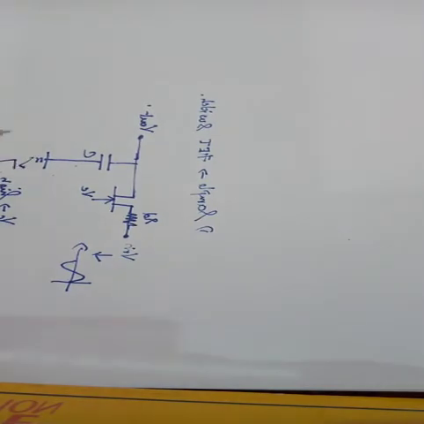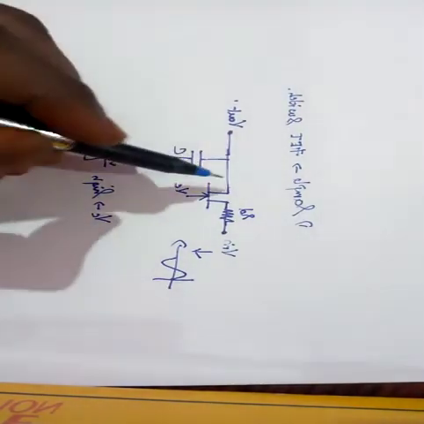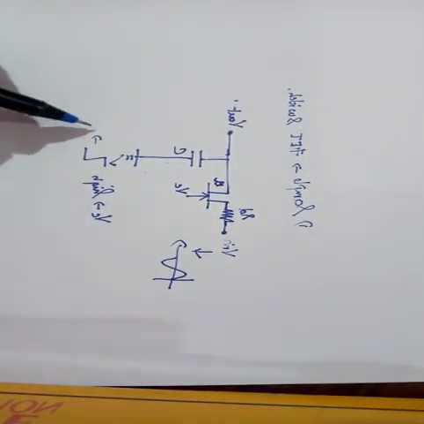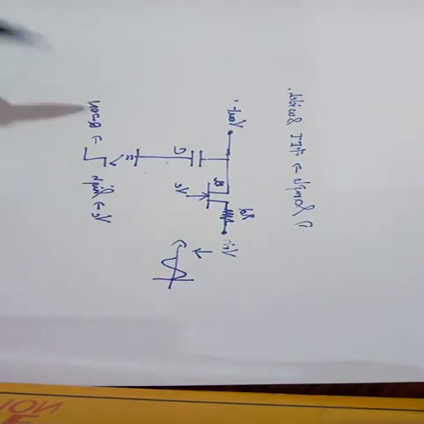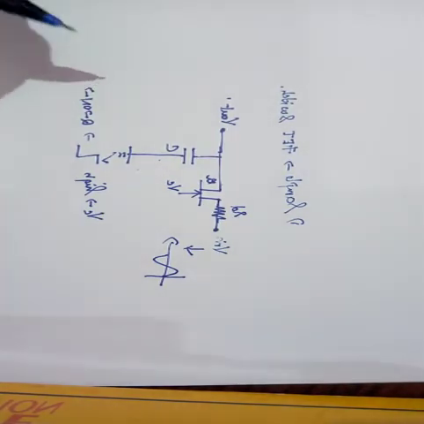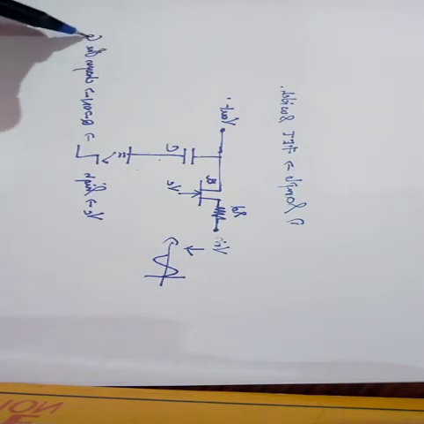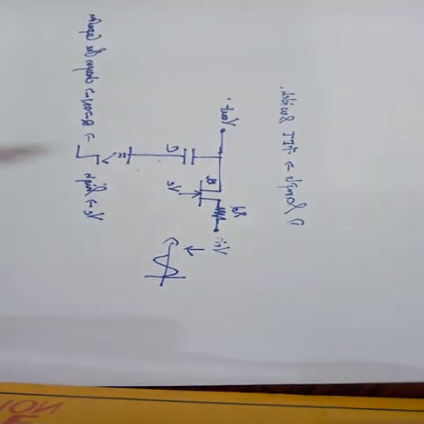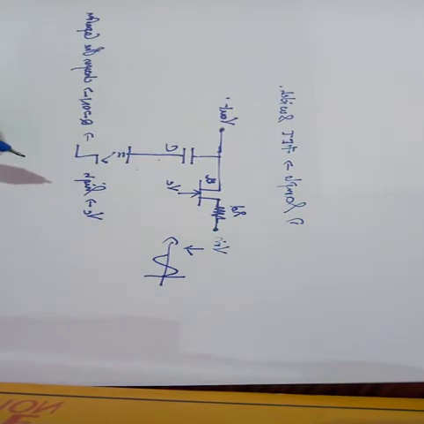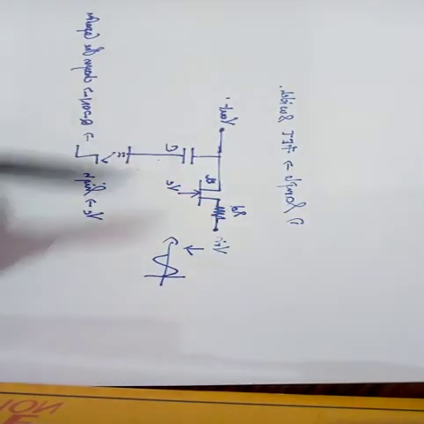During the high, the switch is on, that is Q is on, and this charges the capacitor depending upon the time constant Rd times C.